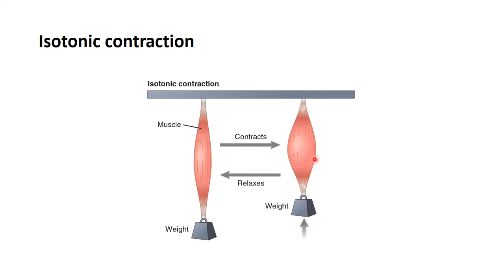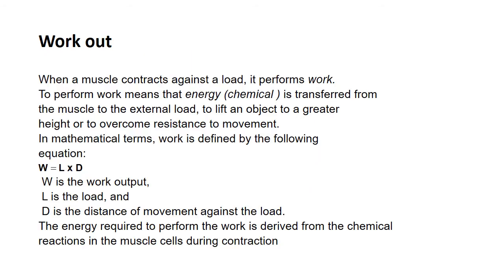So work is done with isotonic contraction. The work output W equals L multiplied by D, where W is the work output, L is the load or force, and D is the distance.